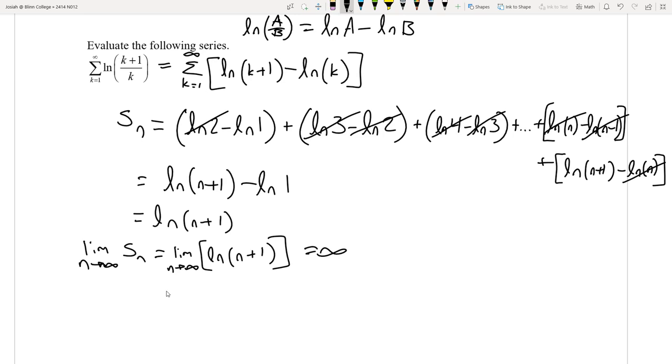Infinity is not a number. So since our partial sums do not converge, they diverge, our series must diverge as well. So the telescoping series from k equals 1 to infinity of the natural log of (k plus 1) over k diverges.